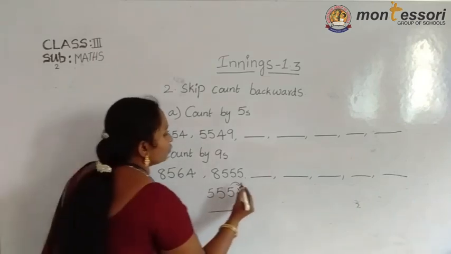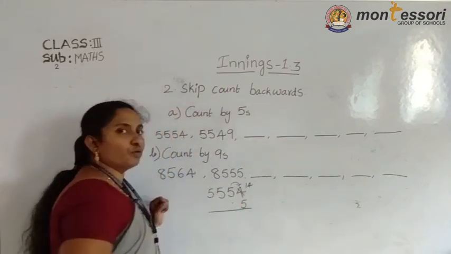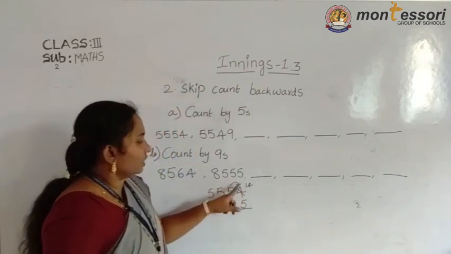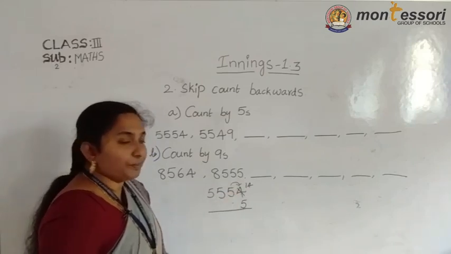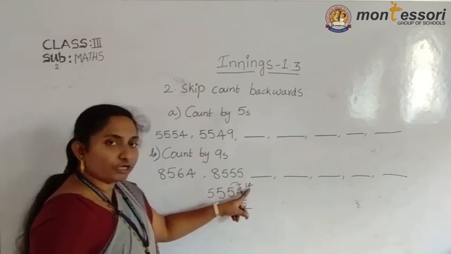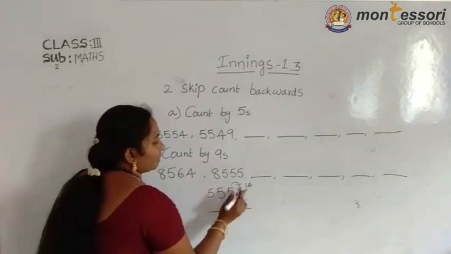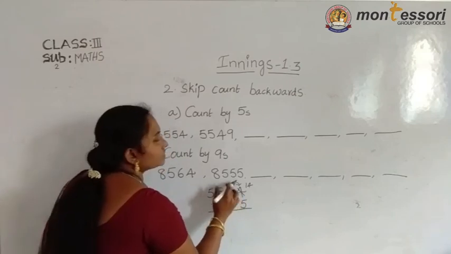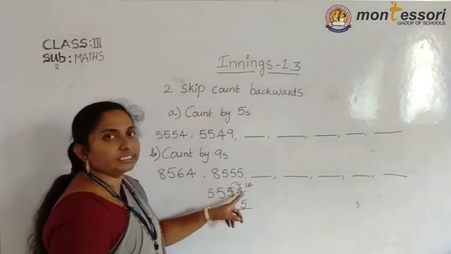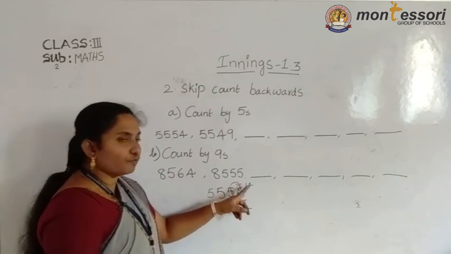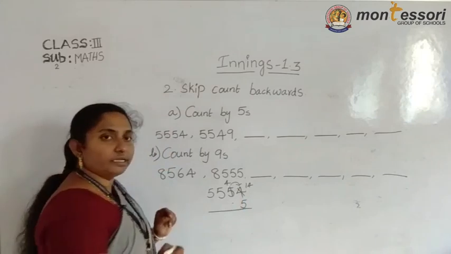Why? One number is going from here to here, meaning we add 10. This is the tens place, so when one is borrowed from here to here, it is 10 plus 4, 14. 4 changes into 14. Understood?